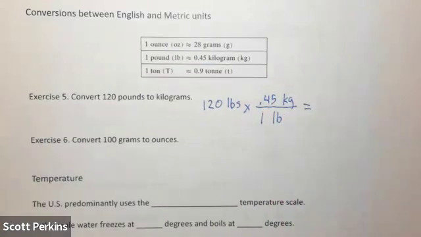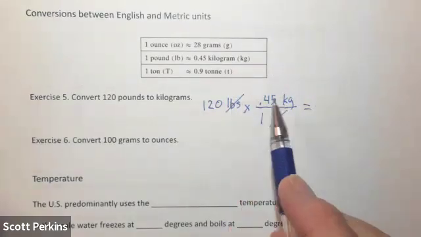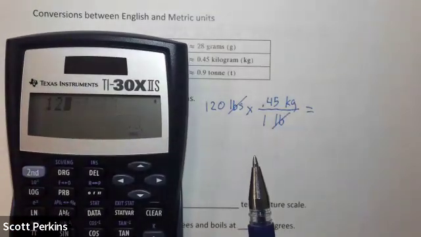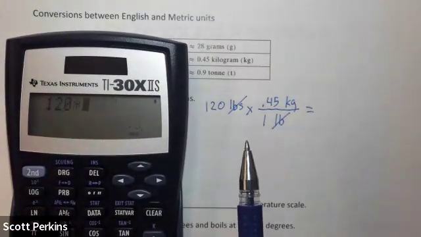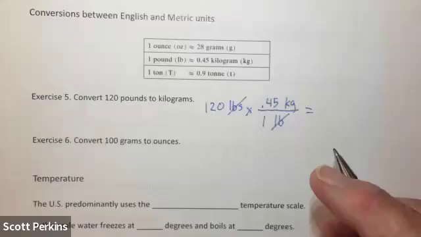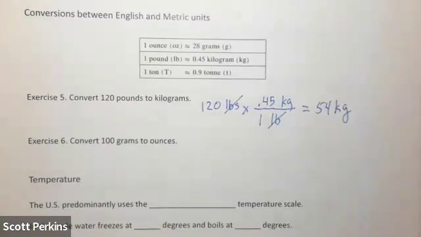My pounds cancel. I'm now going to multiply, that's what the dimensional analysis tells me. I'm going to take 120 and multiply it by 0.45, and when I do that, I get 54. So the result is 54 kilograms.